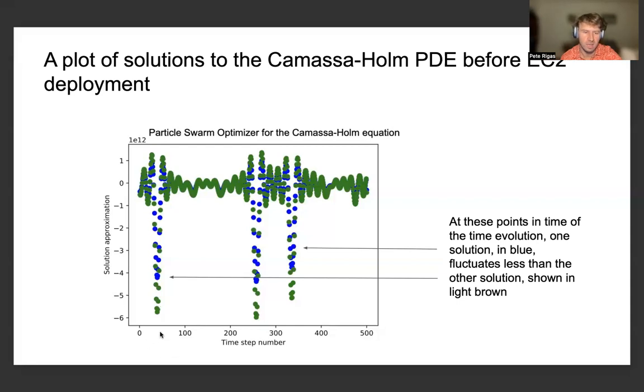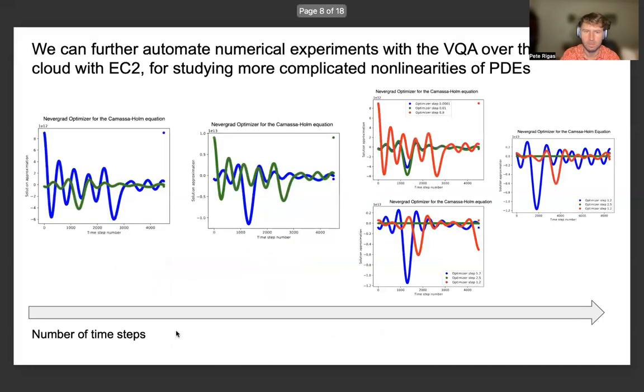One can see that around time step 40, as well as around time step 350, there can be some differences, and even between time steps 200 and 300, there can be some differences in how the algorithm can predict the magnitude of the nonlinearity in this type of sinusoidal motion that I was able to approximate for the Camassa-Holm equation, which is related to some type of wave propagation from a certain class of initial data that I passed to the partial differential equation.